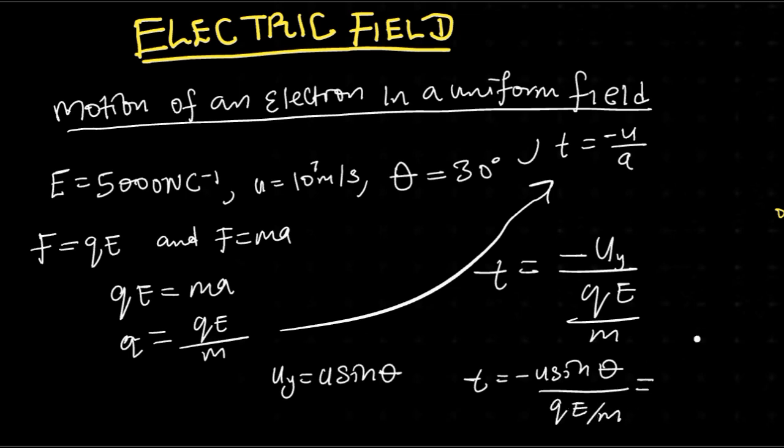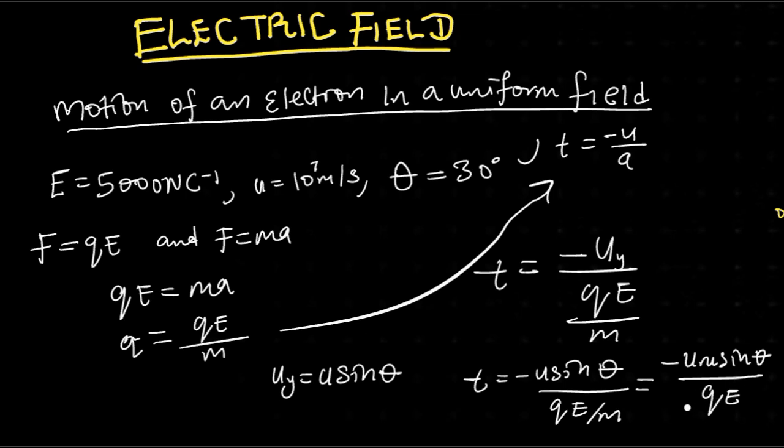If we simplify this further, this becomes minus m u sine theta all over QE. m is the mass of the electron, u is the initial velocity. So our t is minus m u sine theta all over QE.